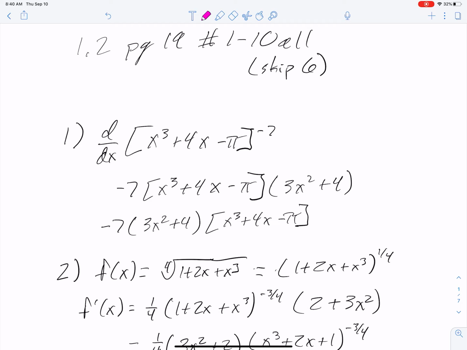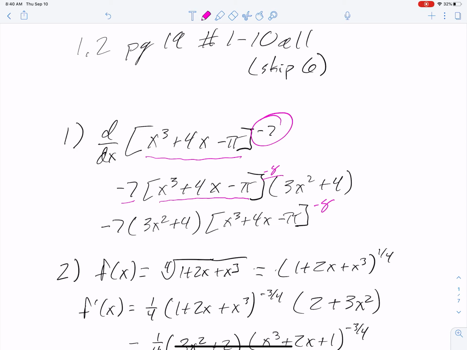All right, so first things first. In this first one, I've got x cubed plus 4x minus pi inside the function to the negative 7th power. So I need to take, and I just noticed I made a careless mistake, so I need to take the derivative of something to the negative 7th power, and so that's going to get me negative 7 something to the negative 8th power. Well, that something to the negative 8th power is the original function x cubed plus 4x minus pi.